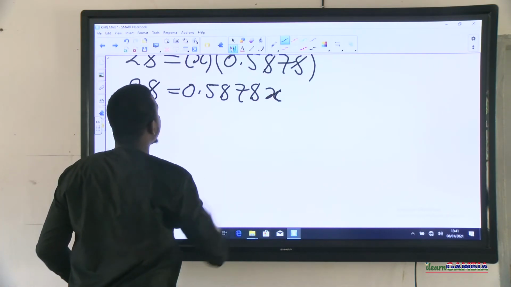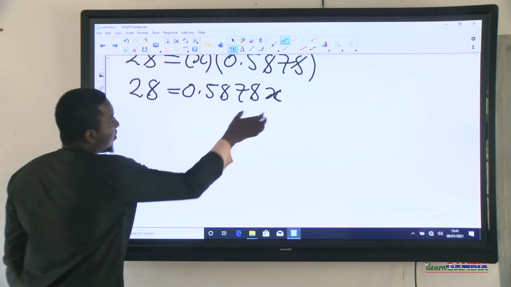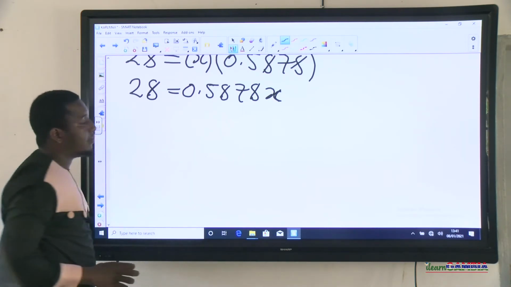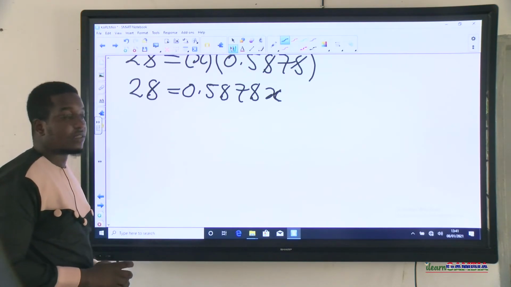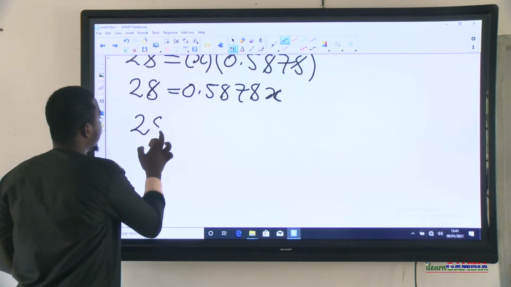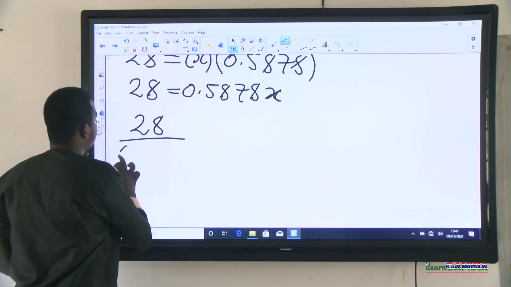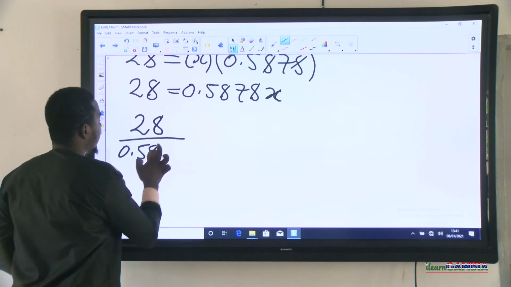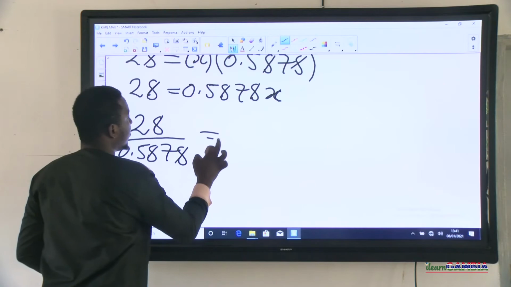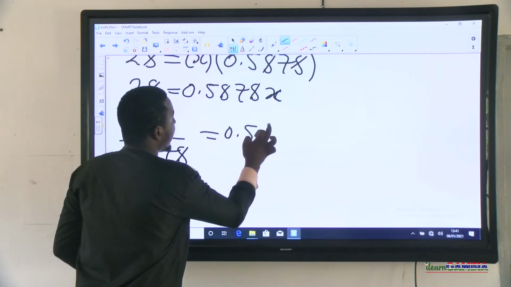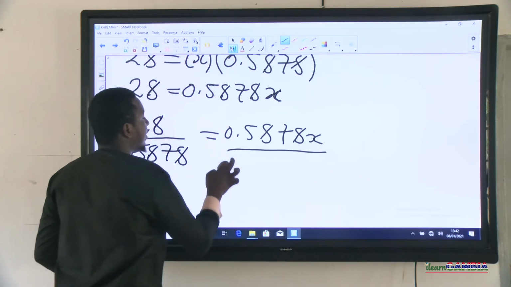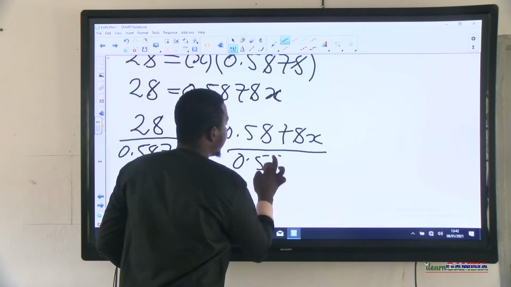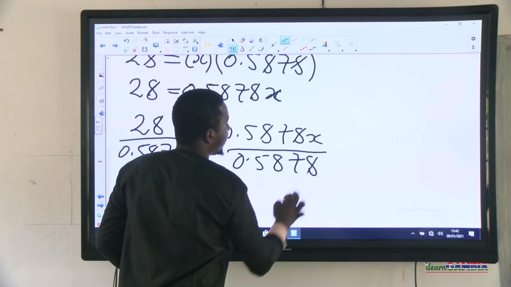In order to have x alone, we'll have to divide both sides by 0.5878. So we are going to have 28 divided by 0.5878, which is equal to 0.5878x divided by 0.5878.